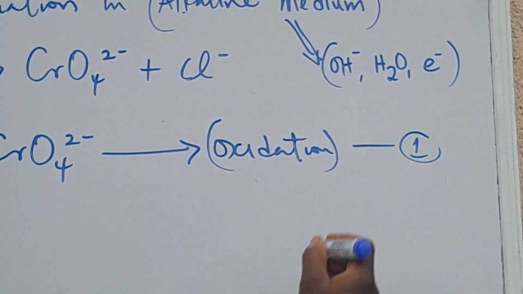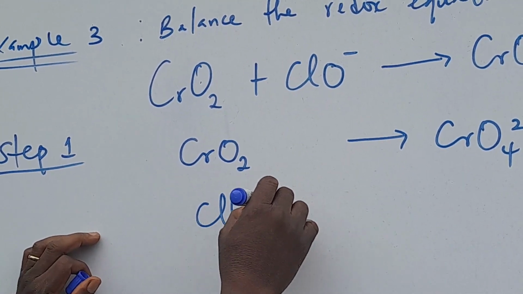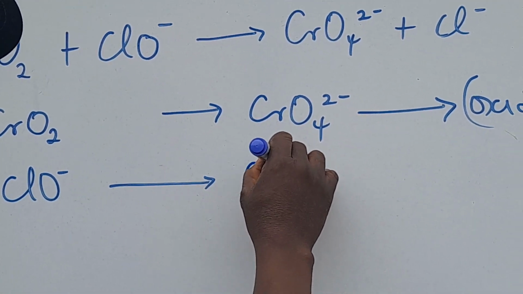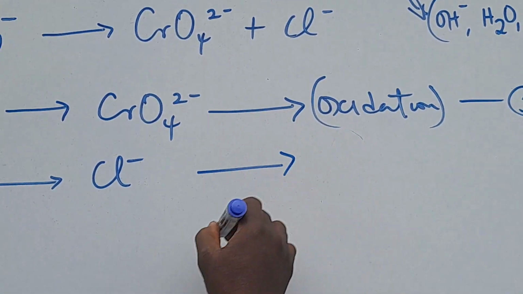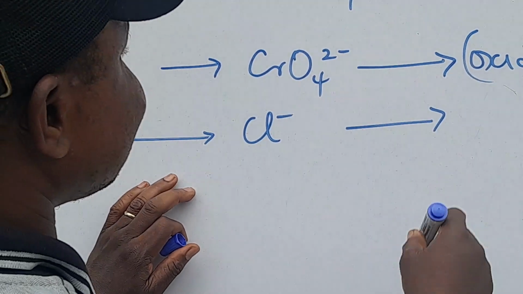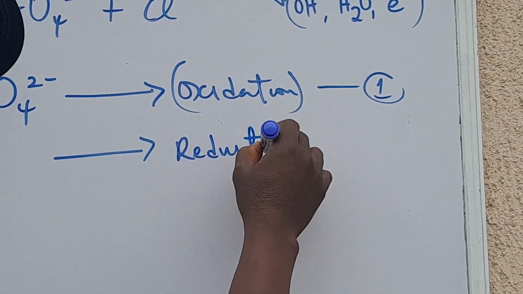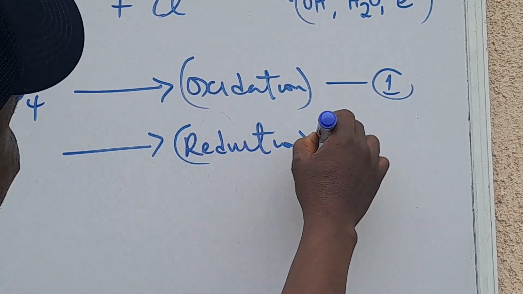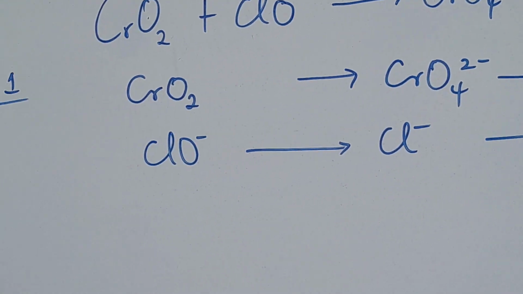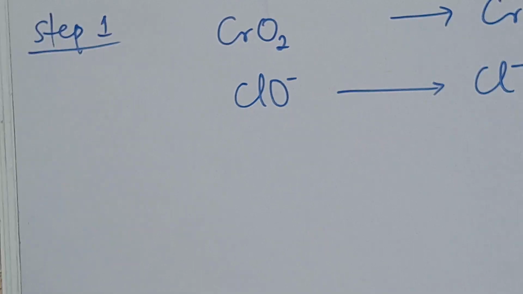Equation 1. Oxygen is reducing, decreasing oxygen. That's reduction. Equation 2. Now we are done with step 1. Let's check step 2.